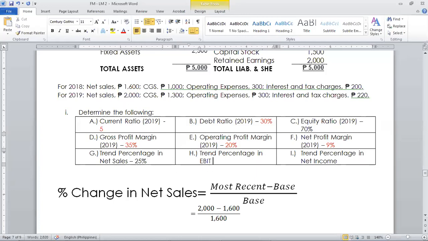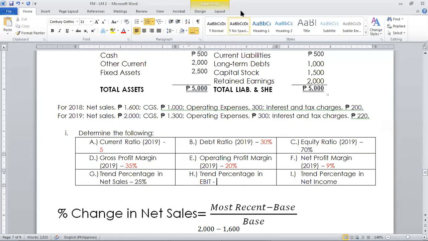Okay, how about this next one? I would like you to answer letter H, the trend percentage in EBIT. Who would like to answer? Come on, class, don't be shy. Who would like to try for letter H?